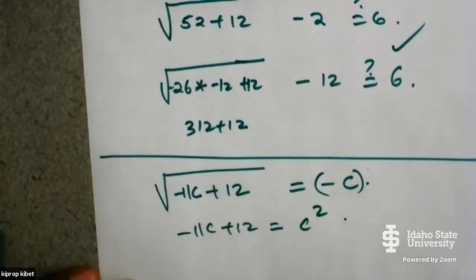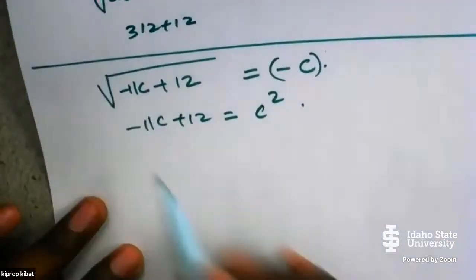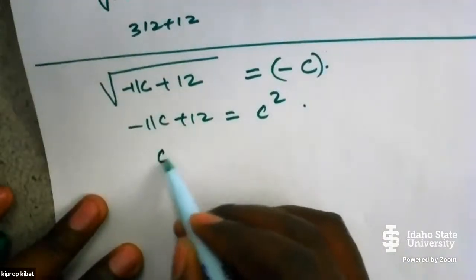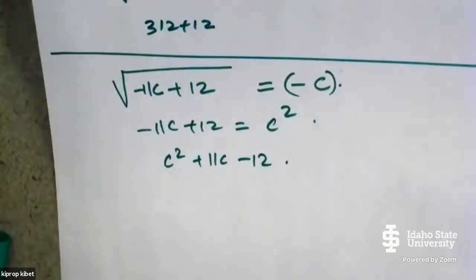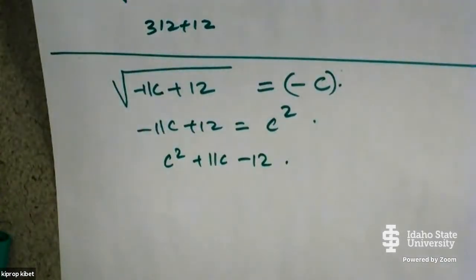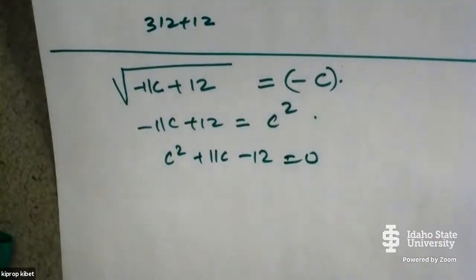So you take the terms to the other side. So you get c squared plus 11c minus 12 equals to 0. Wouldn't it be minus 11c?